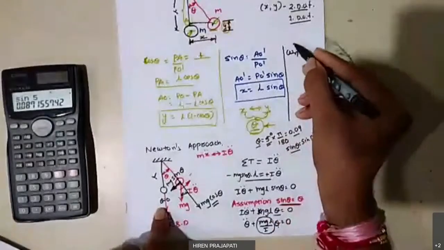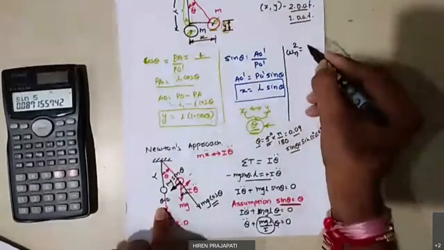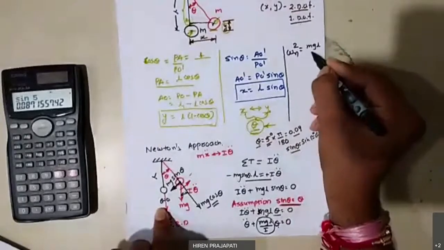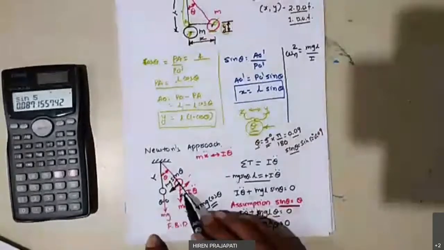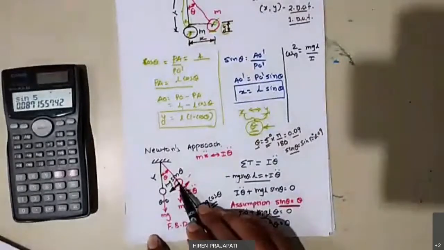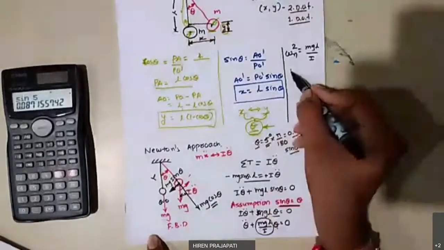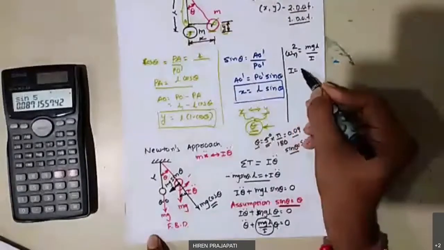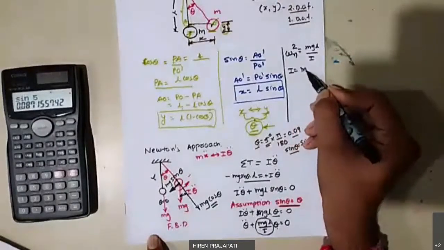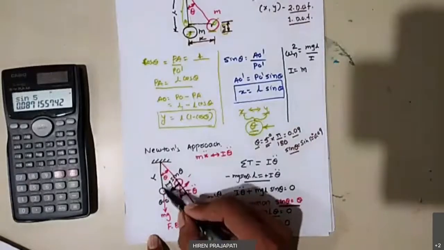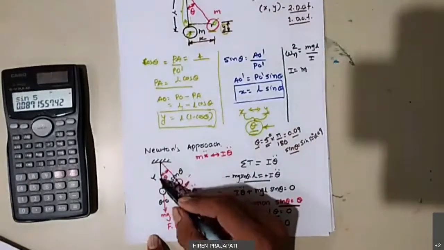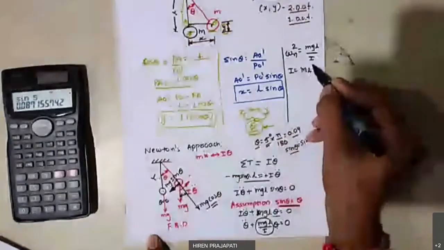So omega n square, the square of the natural frequency, is mgl by I. Now the mass moment of inertia for any lumped mass or point mass is its own mass into its distance from the hinge point squared, which is l square.